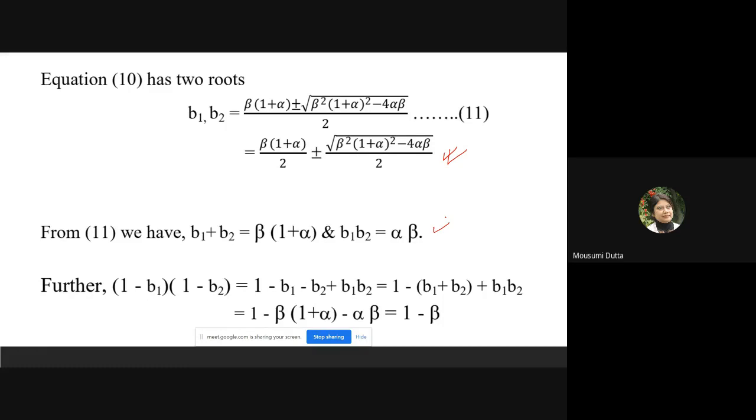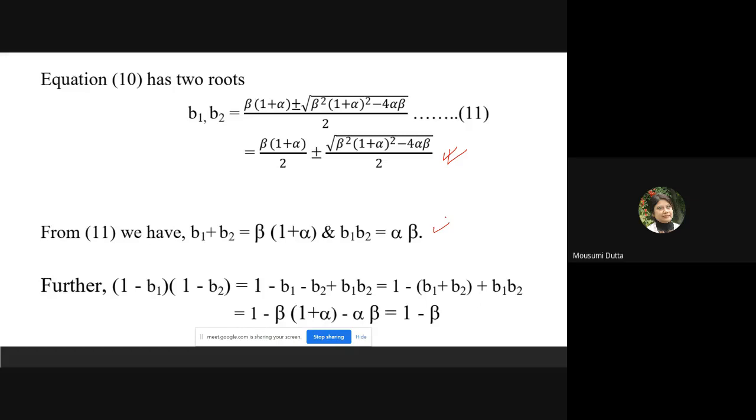Next, 1 minus b1 into 1 minus b2. That value we are also calculating. If you expand it, it is 1 minus b1 minus b2 plus b1 b2.